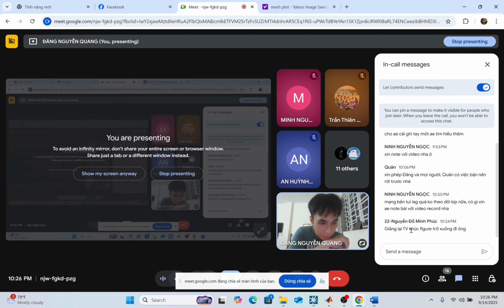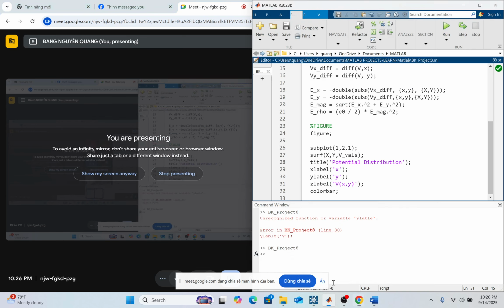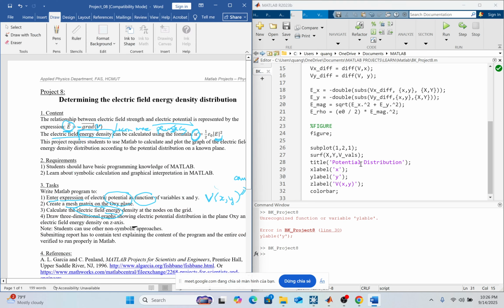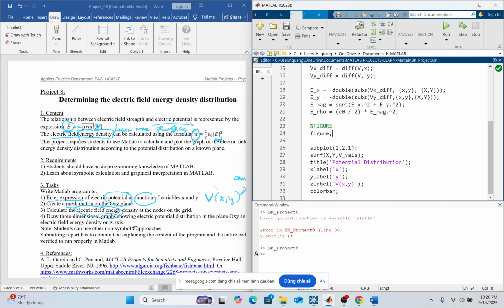Okay, here's the figure. First, you declare the figure. Then you declare the subplot. Here you will input 3 things. The first number tells you which window you are currently at. So I'm at window number 1. Then the second parameter is how many graphs you would like to put into that window.